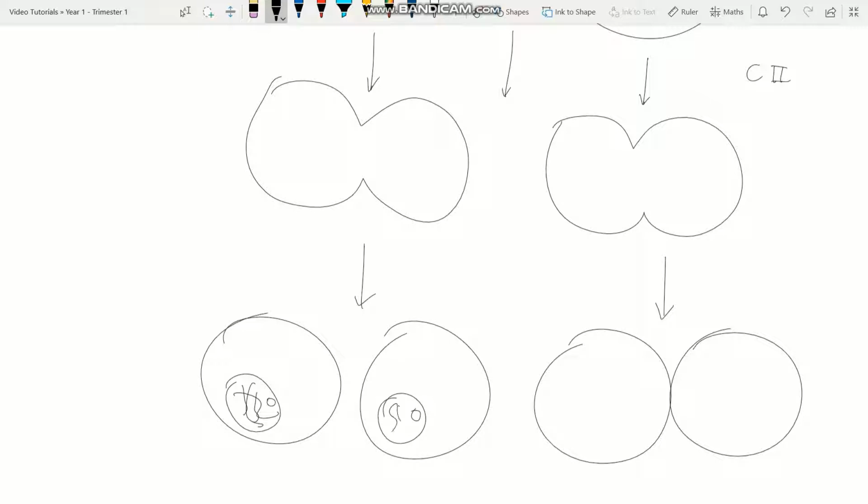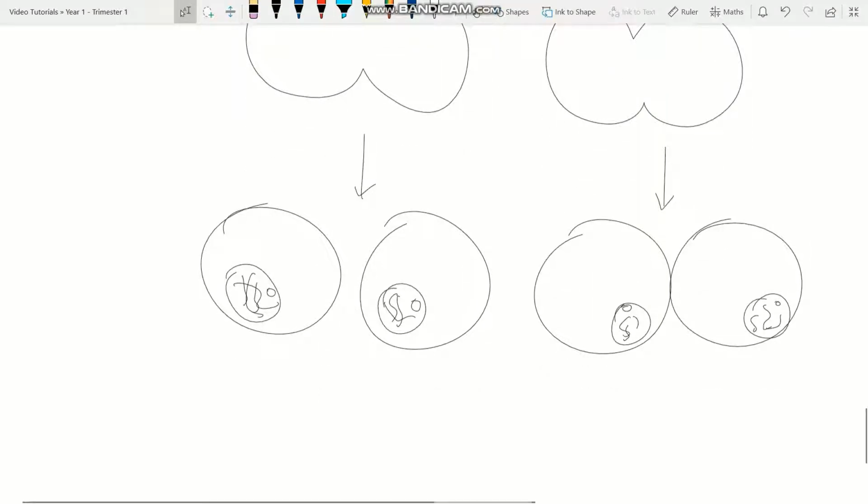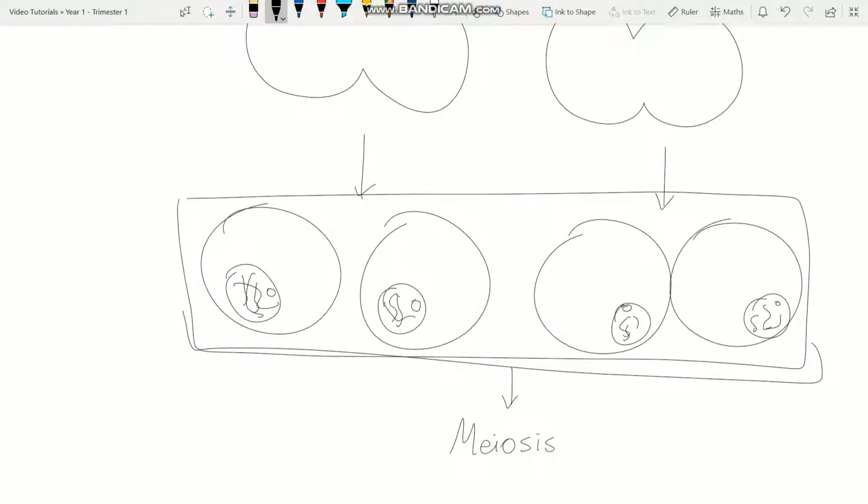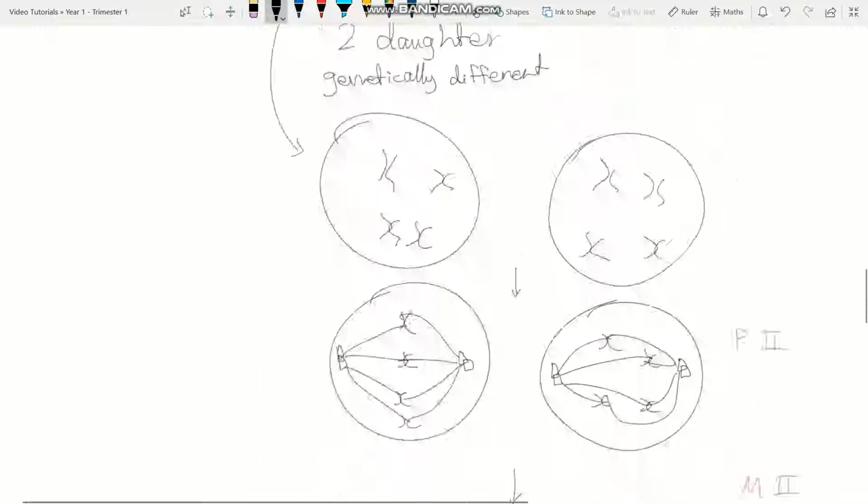And these cells are genetically different to one another, whilst also being genetically different to the parent cell. And that is the end of meiosis. Essentially, these are the cells, whether they be spermatozoa or oocytes, that will come together and fertilize in order to form the zygote and eventually the fetus, which will give us a baby.